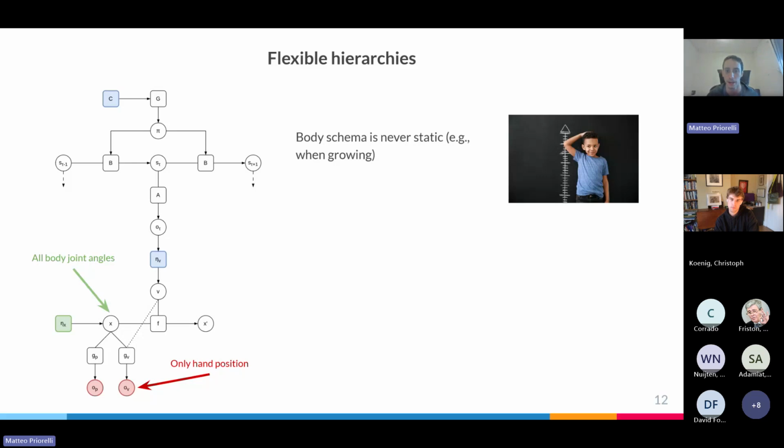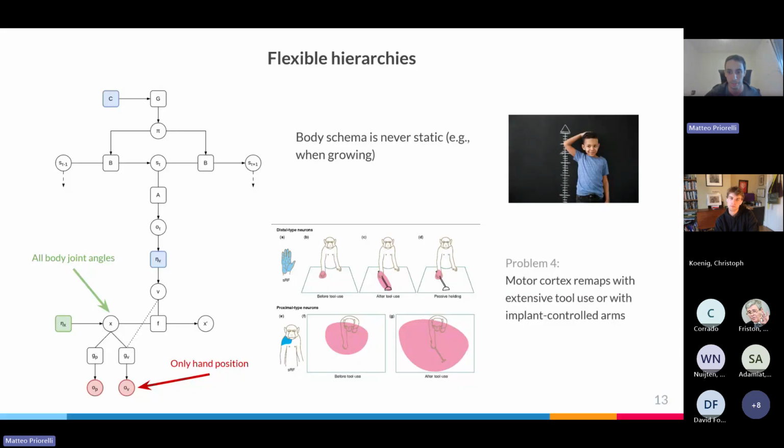Another problem involves how these deep hierarchies can be adjusted over time. We know that the body schema representation in the brain is never static, for example, when we grow during childhood, but this body schema is actually much more flexible. There have been many studies that show how, for example, the motor cortex of the monkey brain can remap with extensive tool use.